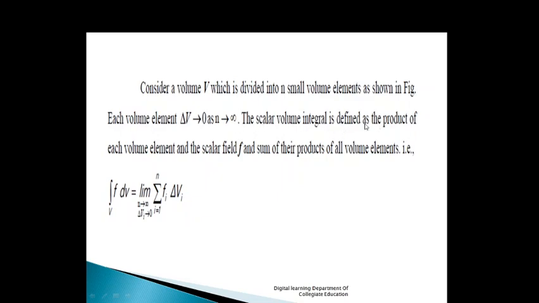The scalar volume integral is defined as the sum of the products of each volume element and the scalar field f: the integral over volume of f dV equals the limit as n tends to infinity, dV tends to 0, of the summation from i equals 1 to n of f_i times ΔV_i.